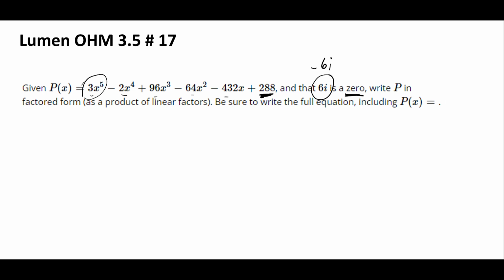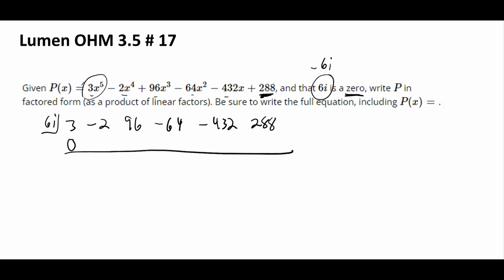So let's first try our 6i, and we'll do 3, negative 2, 96, minus 64, minus 432, and 288. So 0, 3, 6i times 3 is 18i.